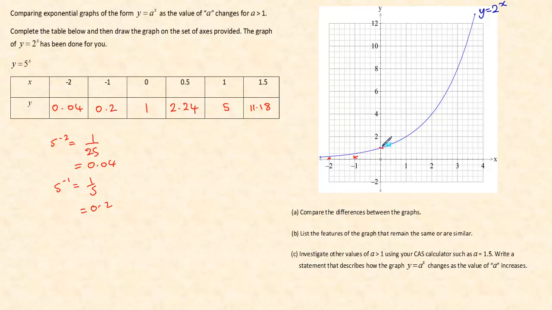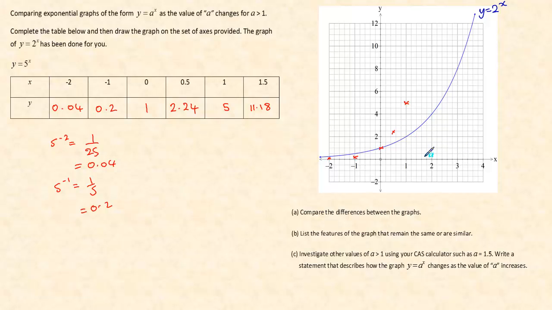And then it goes through 1 on the axis, and we know when x is 1 it's 5, which is there. At 0.5 it was 2.24, so that's going to be around there.